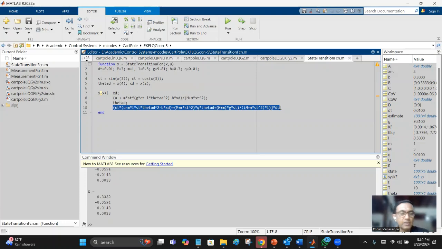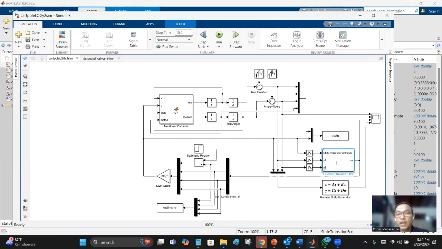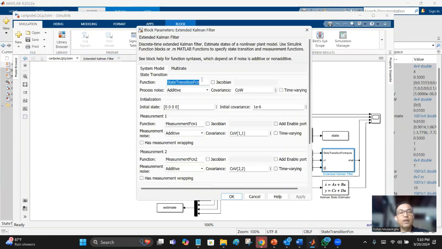So you bring these two equations from the model and write them as a function here, and then you go to the Simulink block and write down the MATLAB code name over here.